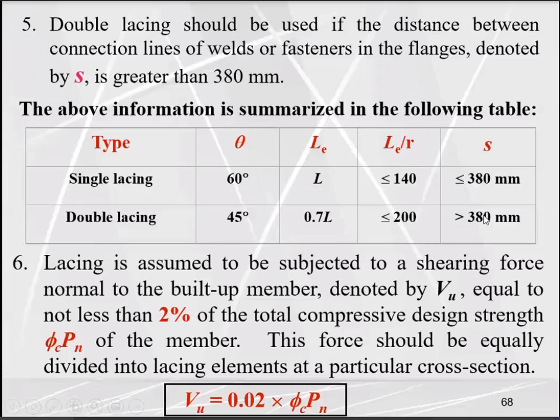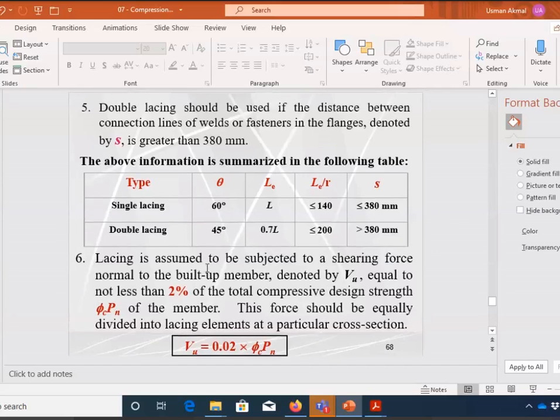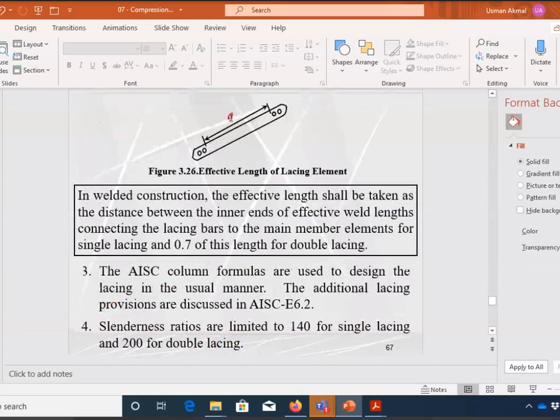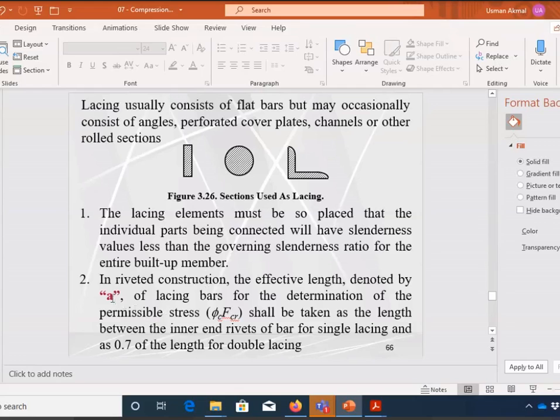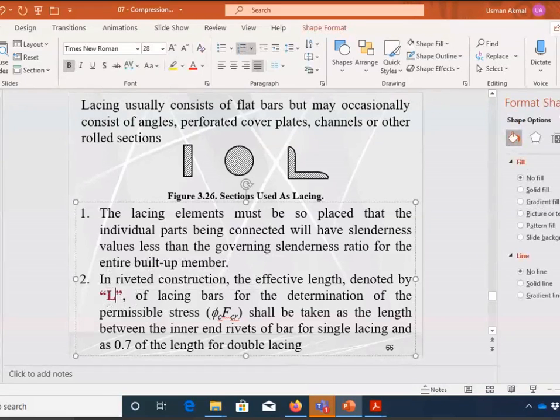If S value is more than 380, we will design the lacing by considering the double lacing pattern, and for double lacing, theta, the inclination of the lacing, will be 45 degrees, and effective length will be 0.7. So here maybe I will do a little modification. Here you can assume that this is equal to L. Instead of A, I would denote the length of lacing with L, just to make this design convenient.